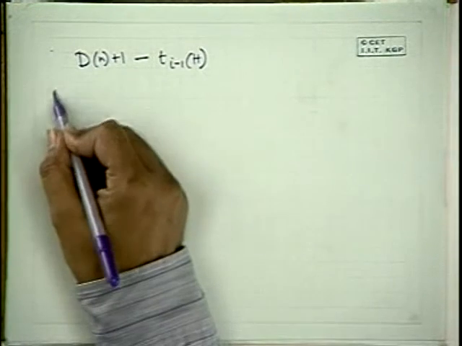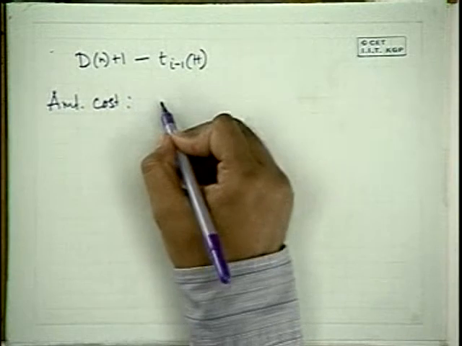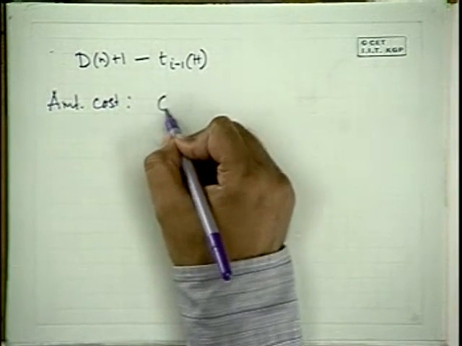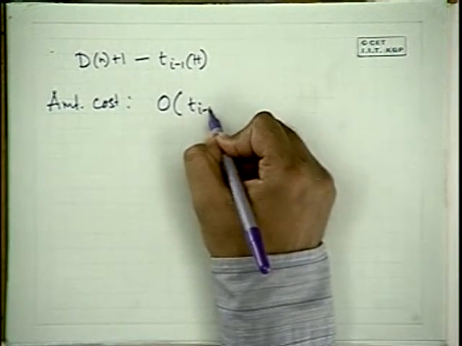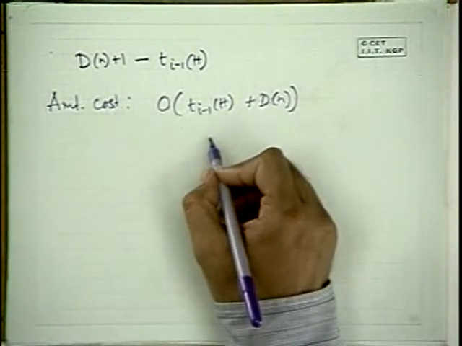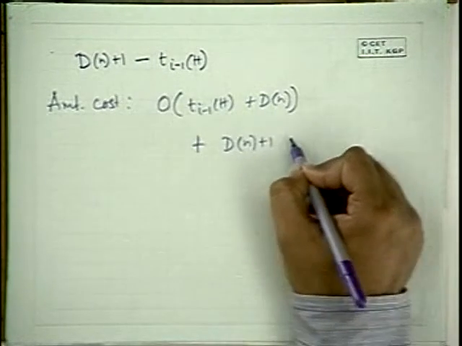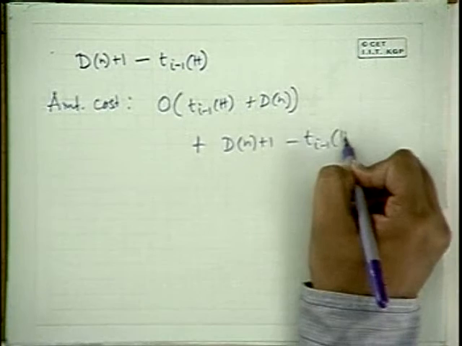Now what is our amortized cost? As I told you, it is the actual cost, which is order of Ti minus 1 of h plus dn, plus this potential change, which is dn plus 1 minus Ti minus 1 of h.